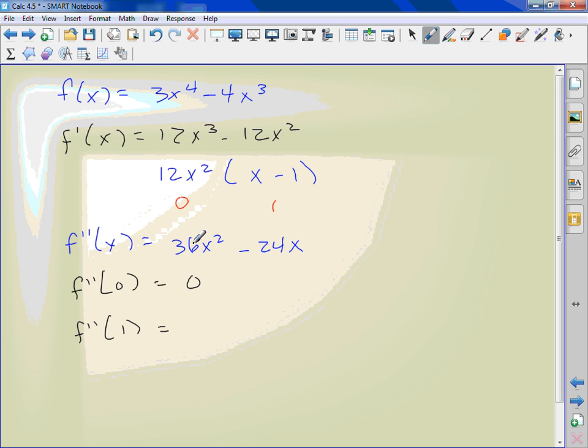This one has 36 minus 24, which is 12. I have a problem here. This is greater than 0, so this one is a relative min. This one here is equal to 0. It causes me a problem. It has to be less than 0 or greater than 0. This is why the second derivative test doesn't truly work.